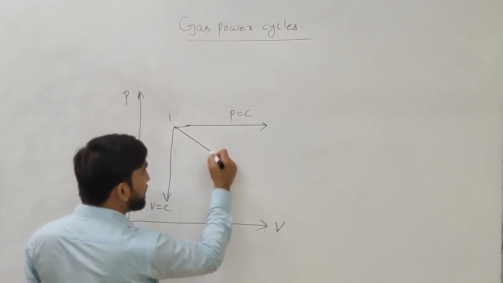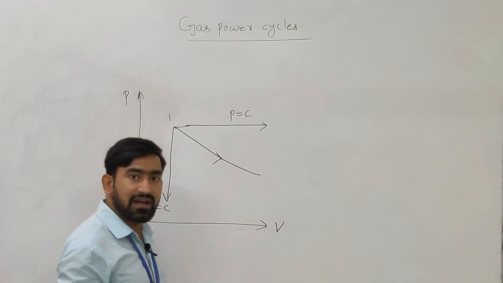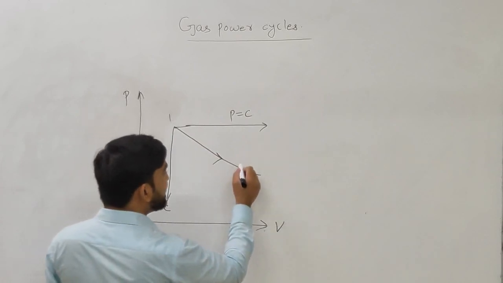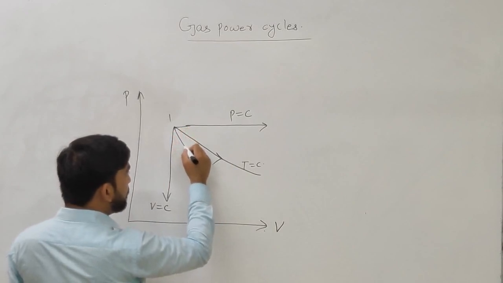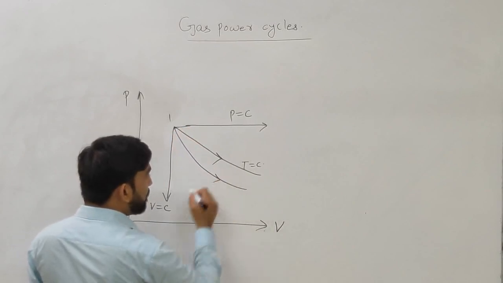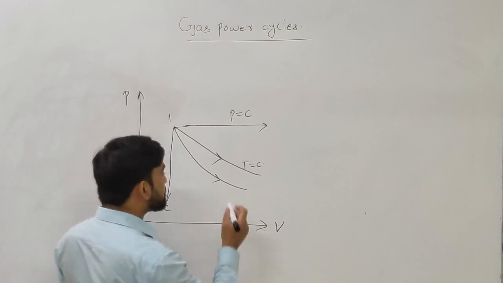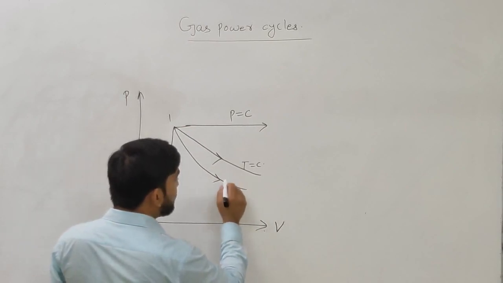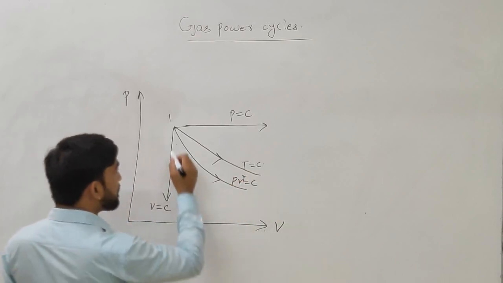This line clearly represents the isothermal process, or reversible isothermal process, where T is constant, and this line represents the adiabatic process, where PV to the power gamma equals constant.